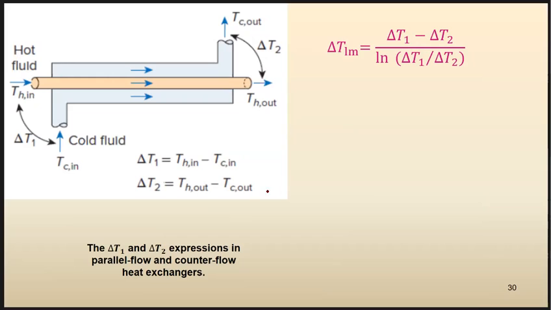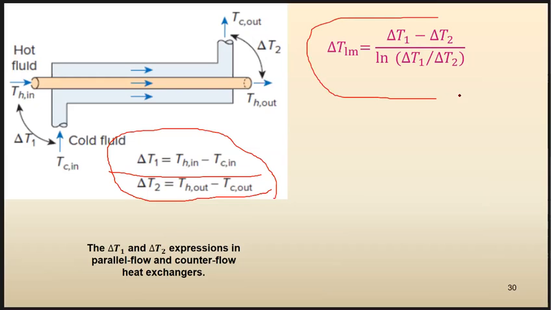So this is how delta T sub 1 and delta T sub 2 are defined when you have a parallel flow heat exchanger, a standard heat exchanger. Okay, so the equation is this, but delta T sub 1 and delta T sub 2 are defined as these for parallel flow.